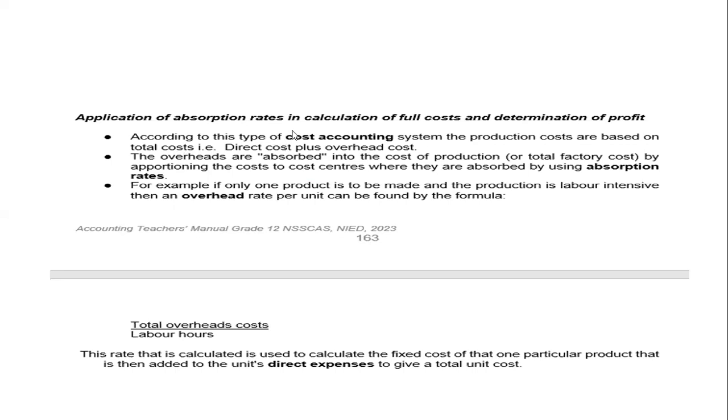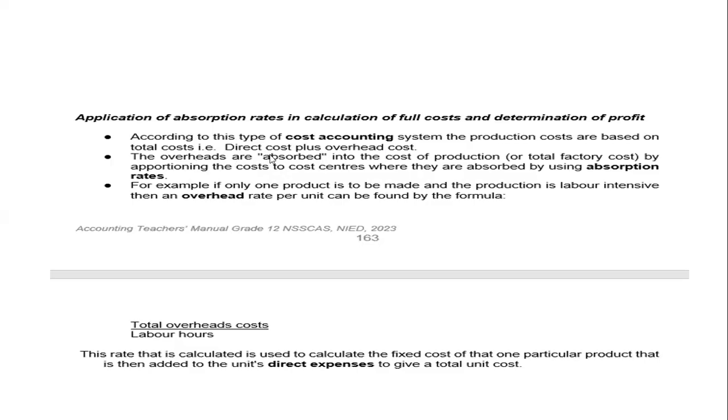Which means absorption costing, like I said in the beginning, includes all the costs of production, which determine the total cost, which is the direct cost and the indirect cost, which is what you call overhead costs.